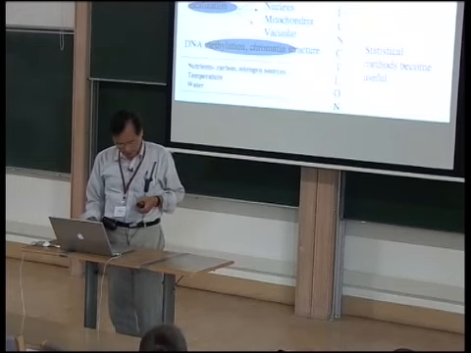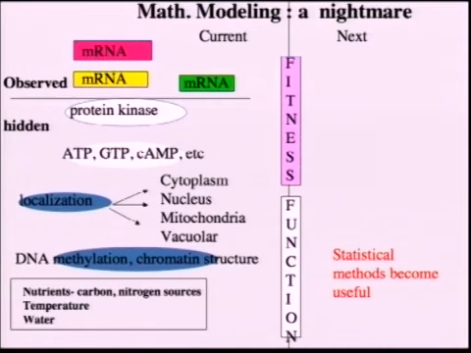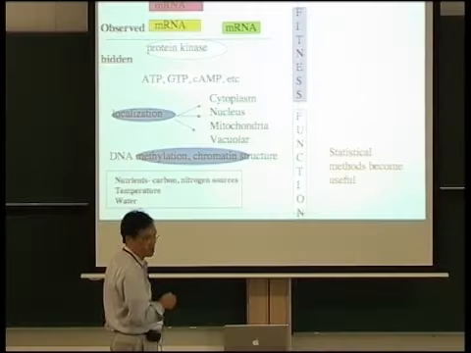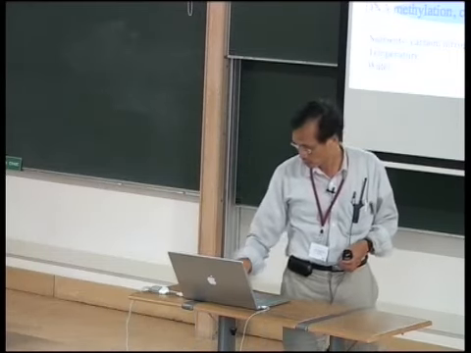So if we wait for biologists to find out all the ground truths and then try to come up with a statistical model, it'll probably take 100 years and still not end. So we try to do something. We try to see if we can help find out some gene regulation patterns without knowing too much, and that's why statistical models become useful.